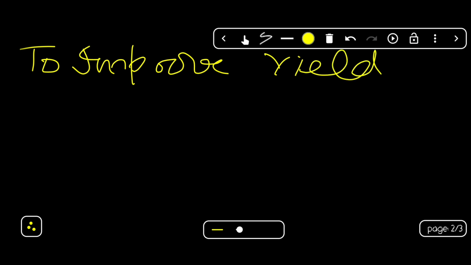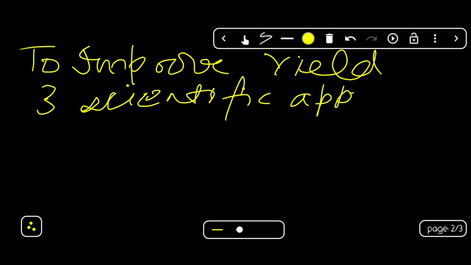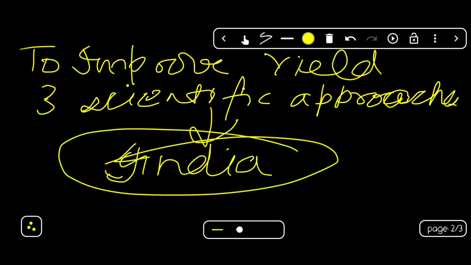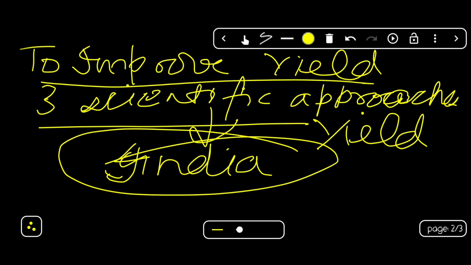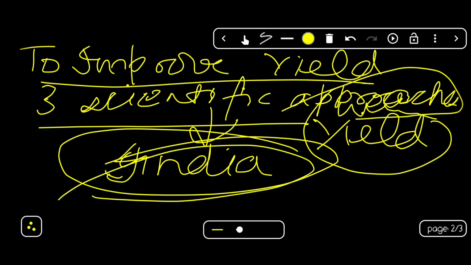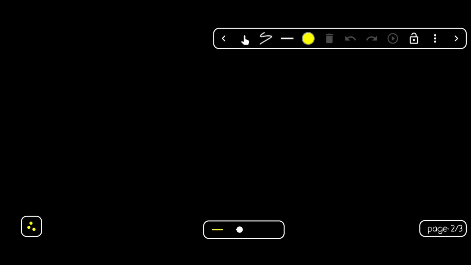We can take three scientific approaches that are adopted in India to obtain maximum yield.